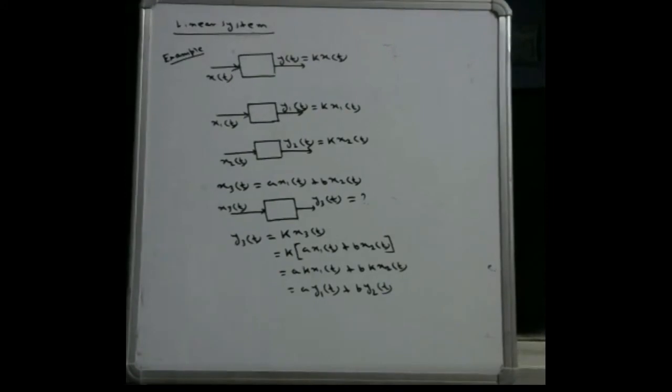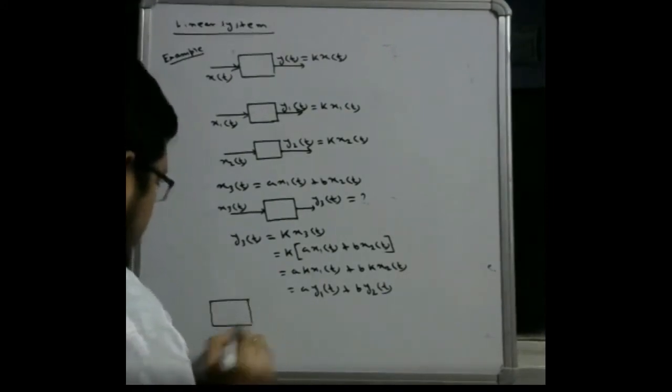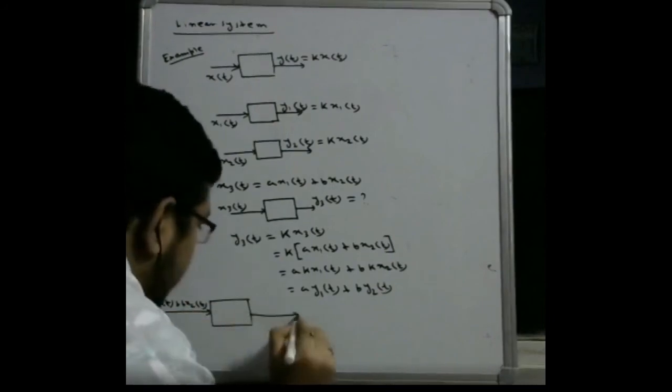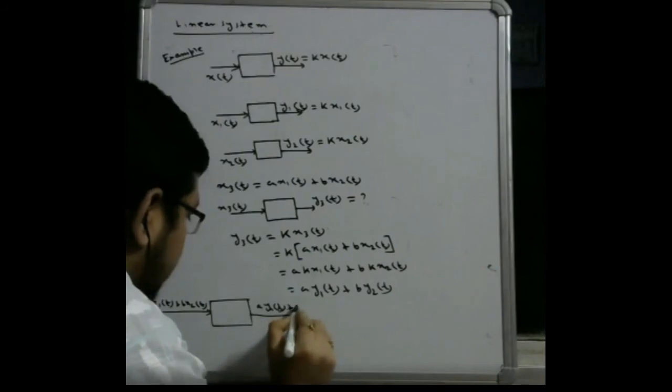That means we can say the system is represented in this way. If we provide the input a x1(t) plus b x2(t), then the output is a y1(t) plus b y2(t).